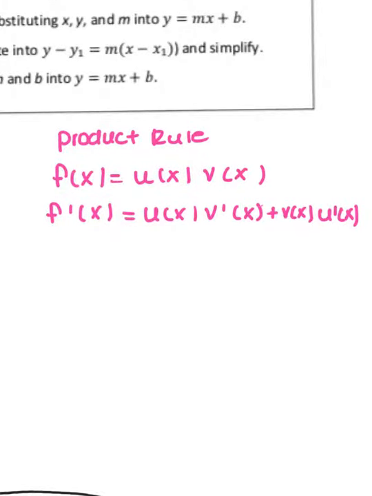The product rule says if we've got the product of 2 expressions, the derivative is the first times the derivative of the second plus the second times the derivative of the first. If you can remember that, you remember the rule. The product rule is first times the derivative of the second plus second times the derivative of the first. And I'll show you an example. And I'm going to write this down because this is how I remembered it.